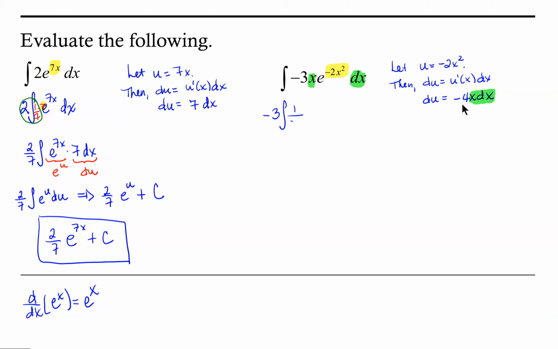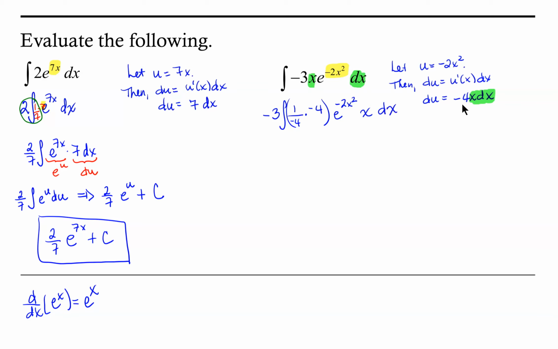Let's do 1 over negative 4 times negative 4. And we all know that that's equal to 1. I'm going to write my exponential next using the commutative property of multiplication. So that would be e to the negative 2x squared. Then I'm going to write that x that I have, and then my dx.